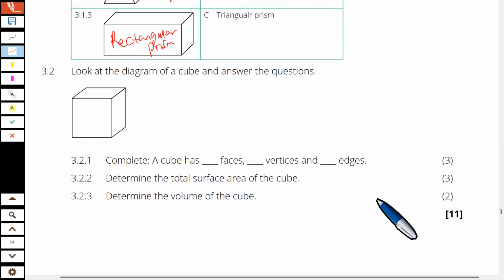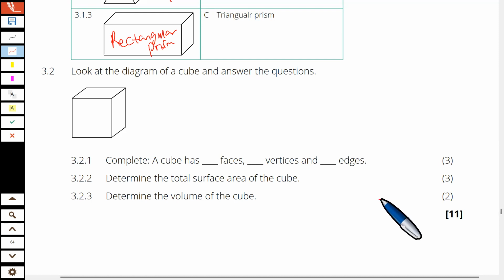Look at the diagram of a cube and answer the questions. Complete: a cube has faces, vertices, and edges.